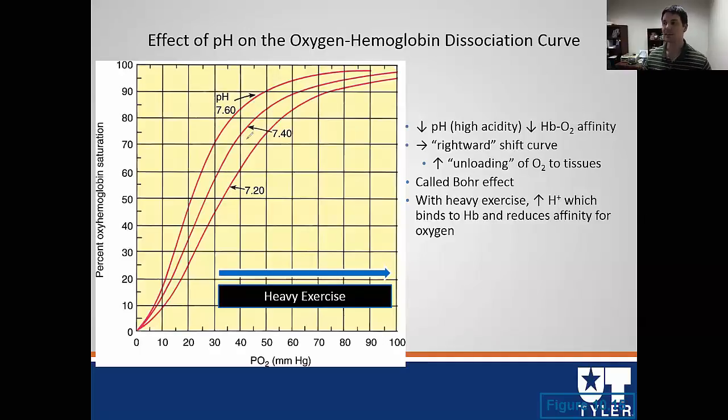If we look at this curve, our normal pH in muscle is 7.4. As we continue to work out, we produce hydrogen ions. There's also some other acids that we're going to discuss in the future that drive pH down. We become more acidic, which takes our pH from 7.4 to 7.2.